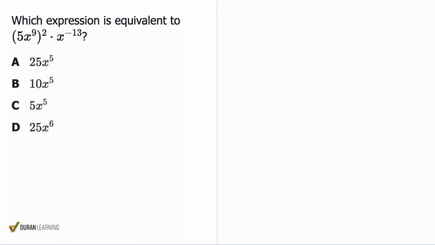So let me rewrite everything right here. The group 5x to the power of 9, all squared, multiplied by x to the power of negative 13. So first things first, everybody. Let's go ahead here and begin with this.